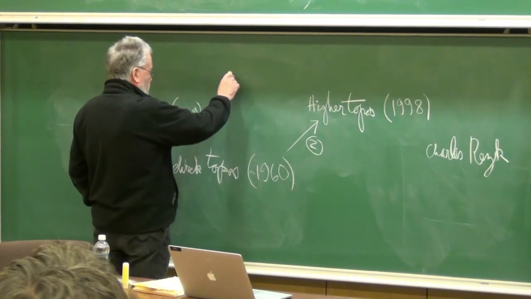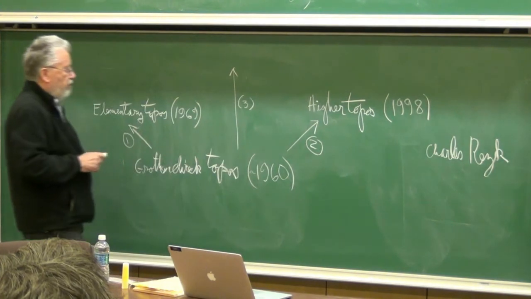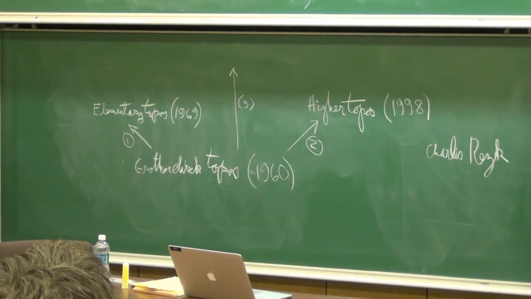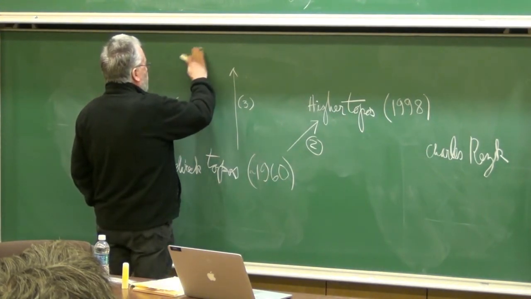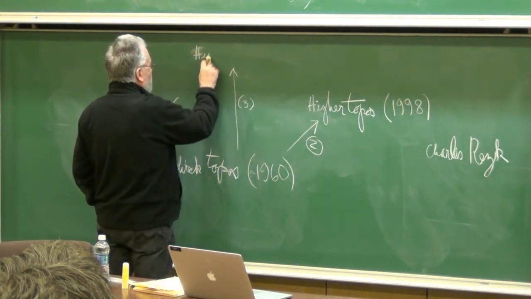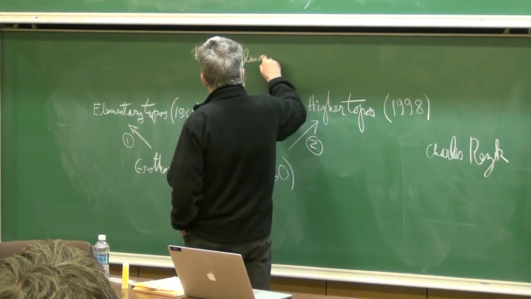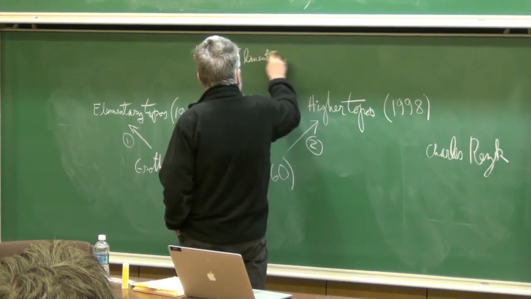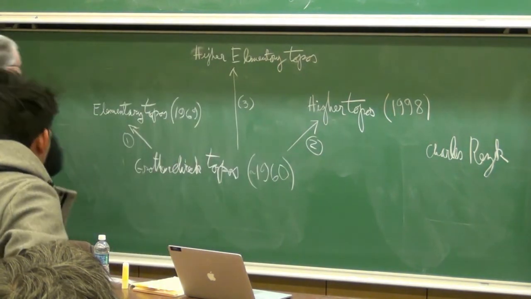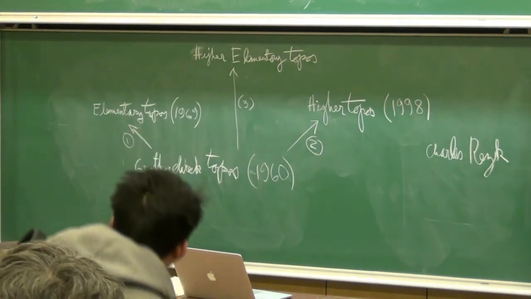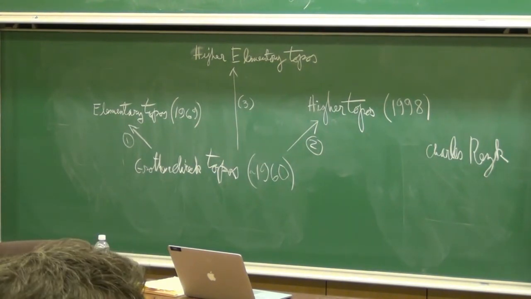And then, this is the second mutation. And the third mutation, which is now, I would say, emerging, is sometimes called higher elementary topos. The notion is not yet completely defined, but there are discussions about it.